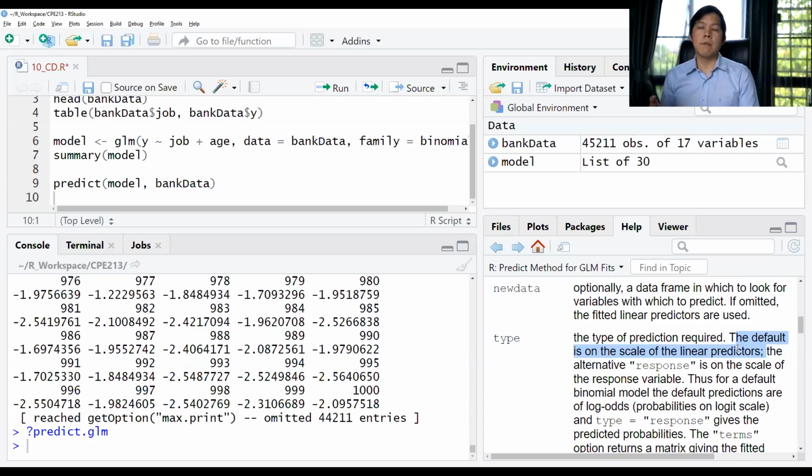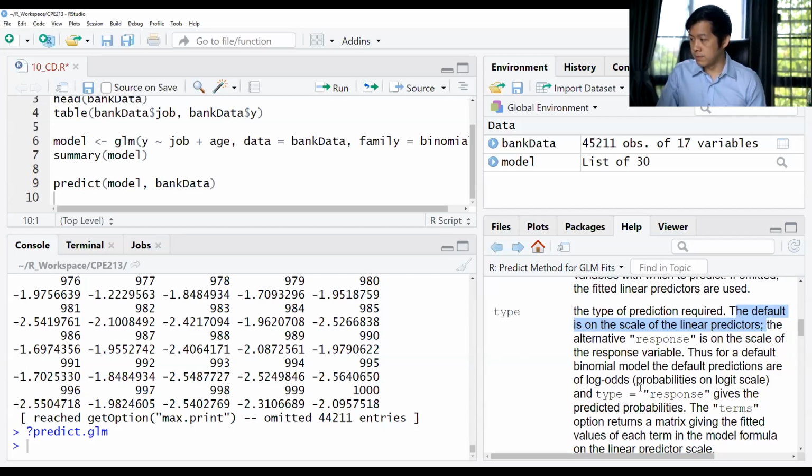Now, when you create a model for logistic regression, what you want to know is actually the probability of belonging to that class: the probability of accept, the probability of yes, the probability of fail. To get the probability instead of the linear value, you need to change type to response. Once you set type to response, it will give you predicted probabilities.